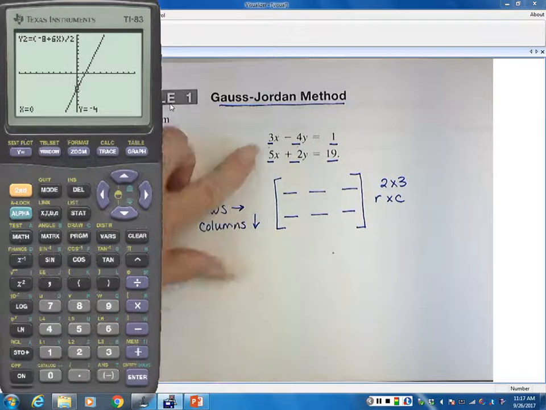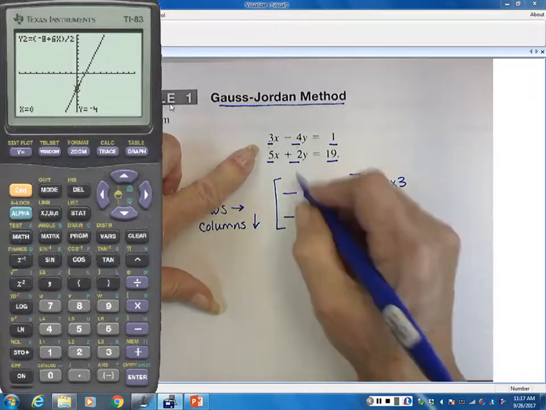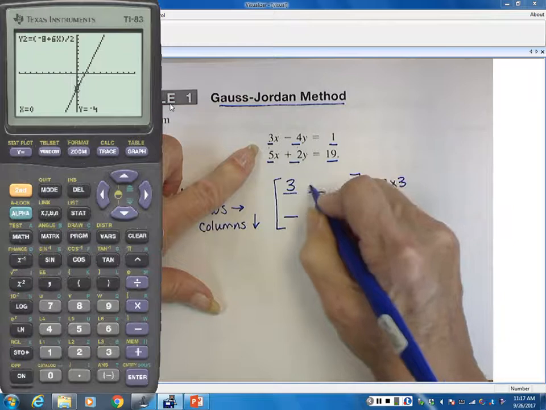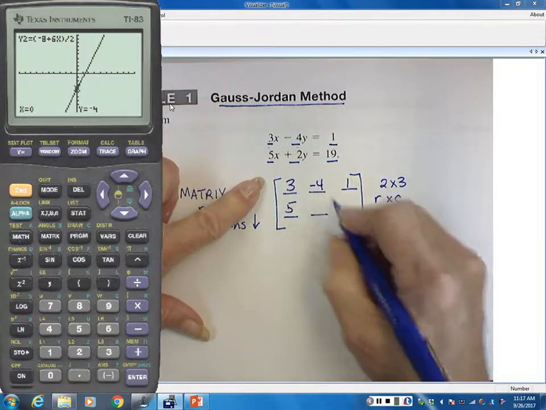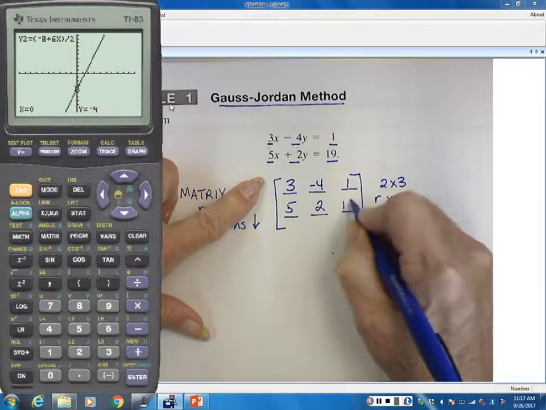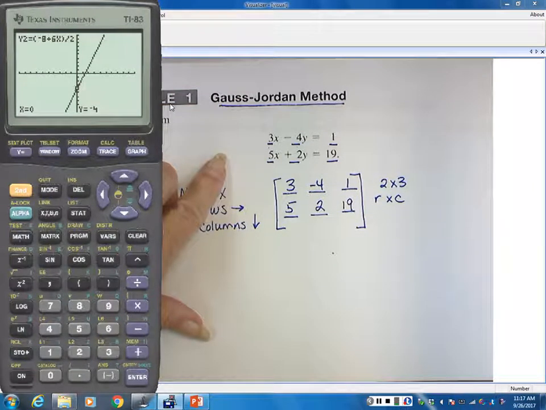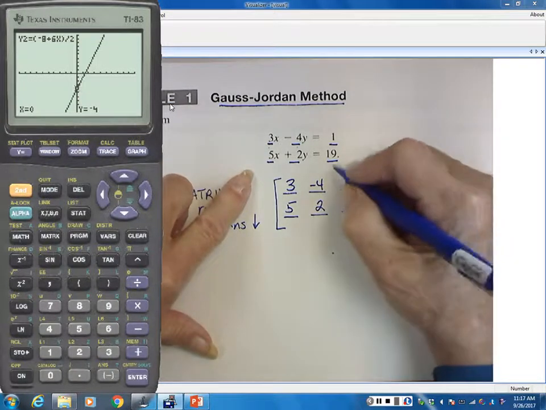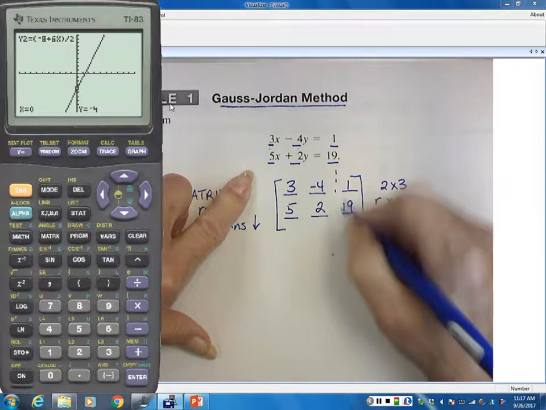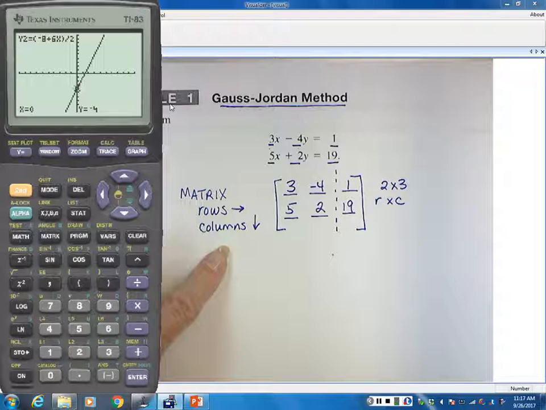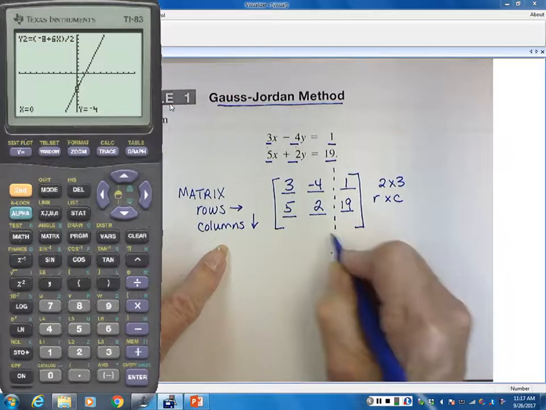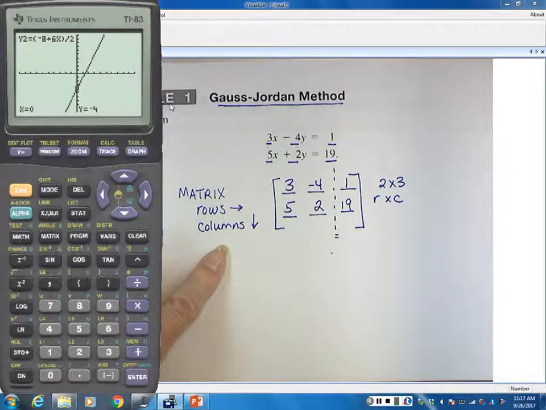And all we're doing is copying the numerical parts of our system. 3, -4, 1, 5, 2, 19. Okay? This is called the augmented matrix, and where I'm putting this dashed line here is where the equal sign would be.